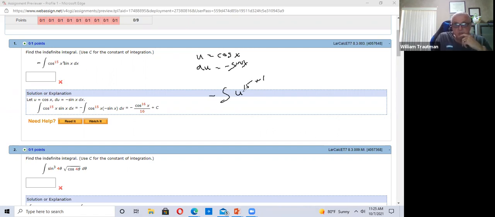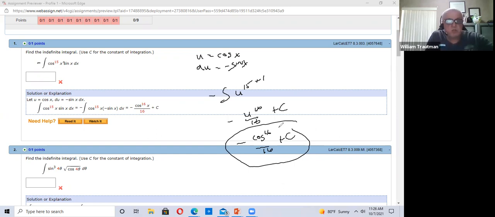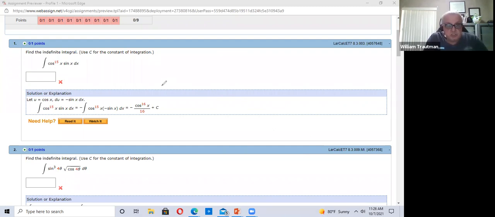And so you add 1 and get u to the 16 over 16 with the negative in front. And u is cosine x. And there's our answer. So that's nice when it's already set up. They have the du for us already. And that's usually like that when you have the first question on something.